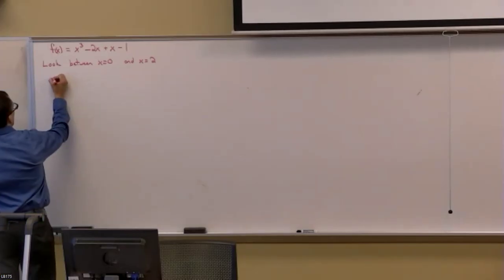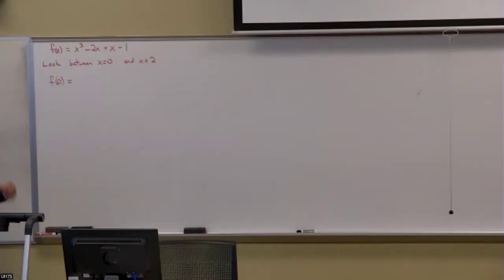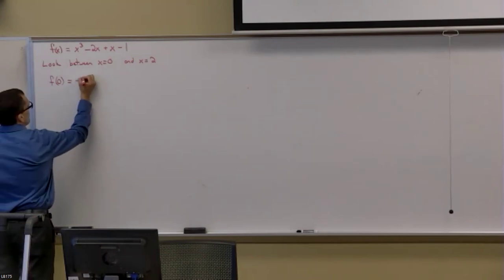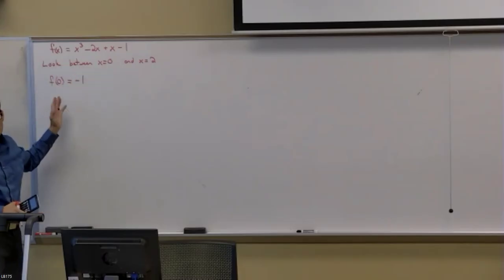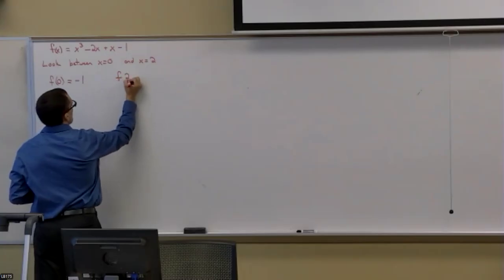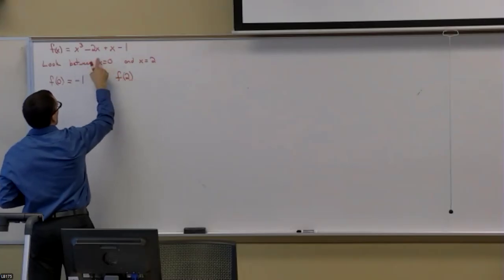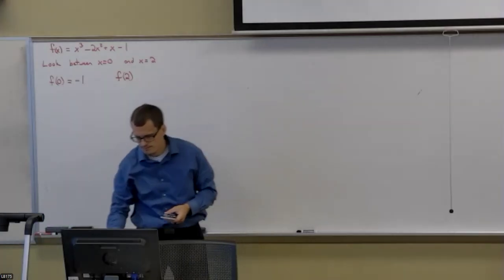What I would do is plug in 0 into this function. When you plug in 0, you get an output of -1. We're okay with me not showing that. When you plug in 2 to the third minus, oops, this should be 2 squared. I apologize, that should be 2 squared.